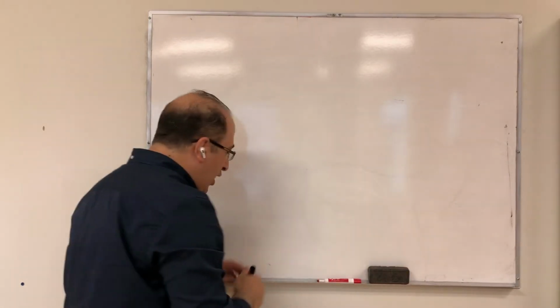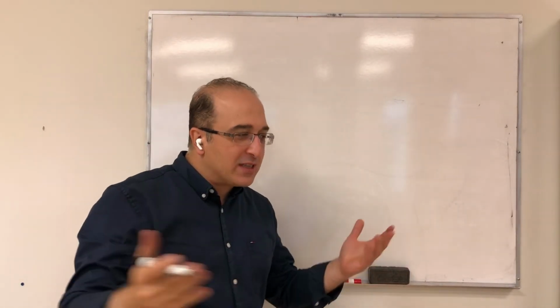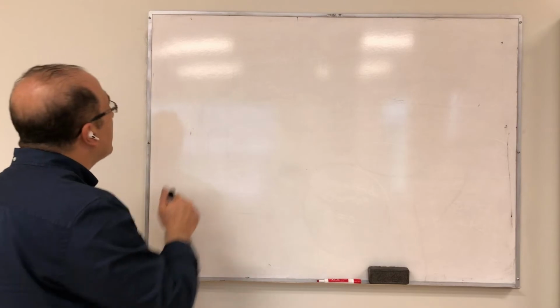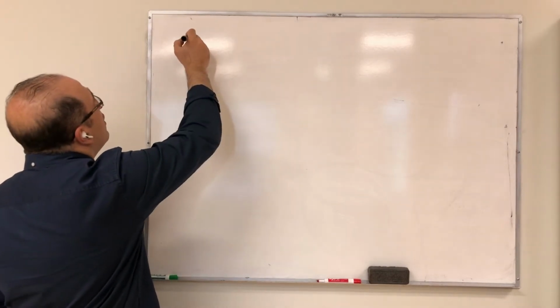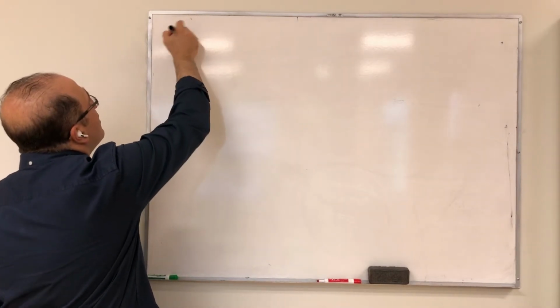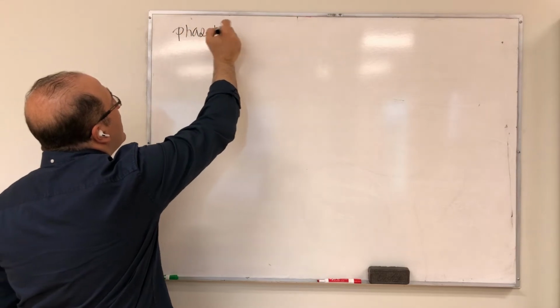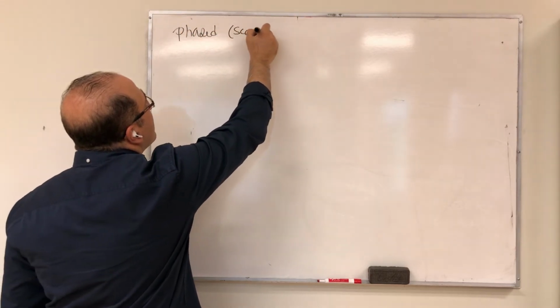While I'm writing, I want you to think about an angle, let's say theta equals 30, and imagine that angle in the spherical coordinate. I'm going to get back to that later with you. So here we're going to talk about a phased or scanning array.